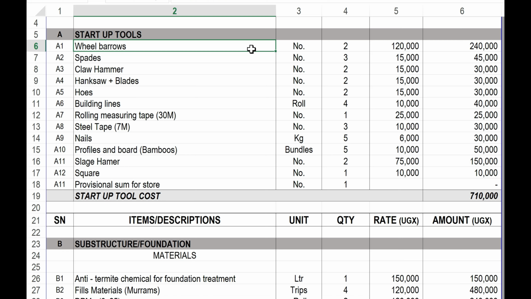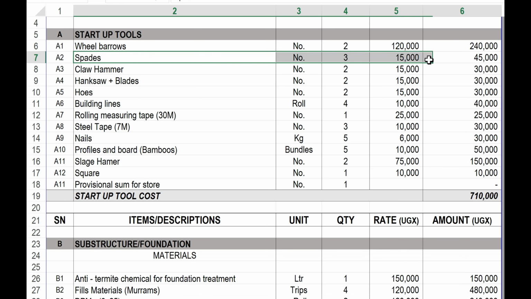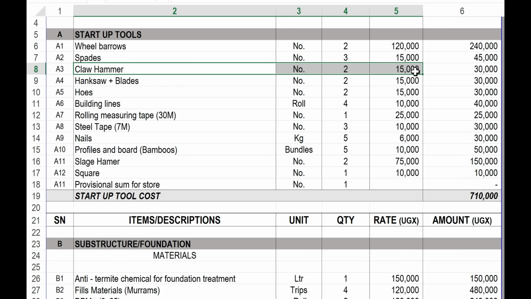Then we might need spades, and I think around 3 spades might be enough for us, whereby one spade might cost around 15,000, summing up to 45,000. Then we might also need a claw hammer.